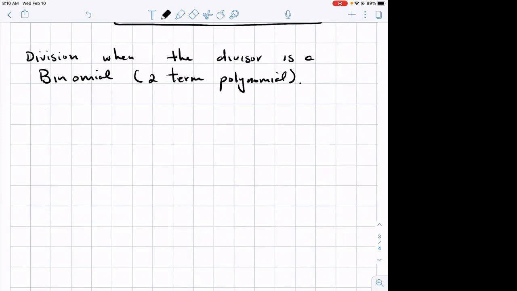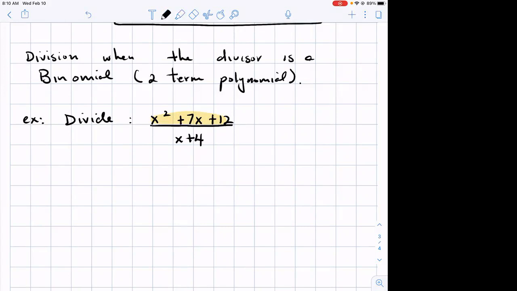So suppose I said to divide x squared plus 7x plus 12 divided by x plus 4. Well, what I said before, in some cases, you will be able to factor this numerator.